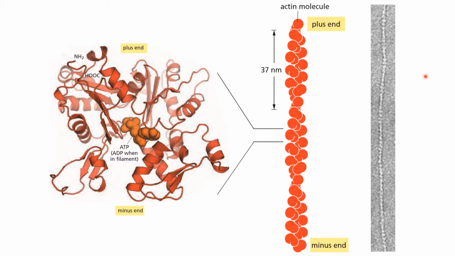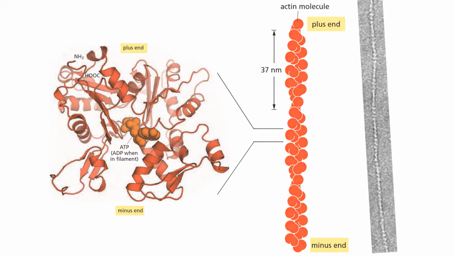Here's an electron micrograph of an actin filament. If we look at this closely, we can see that the filament is not just a straight line, but is composed of arrowheads attached to each other. We have a pointed end and a barbed end.